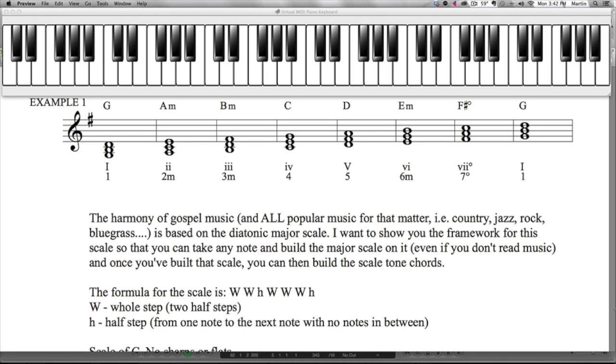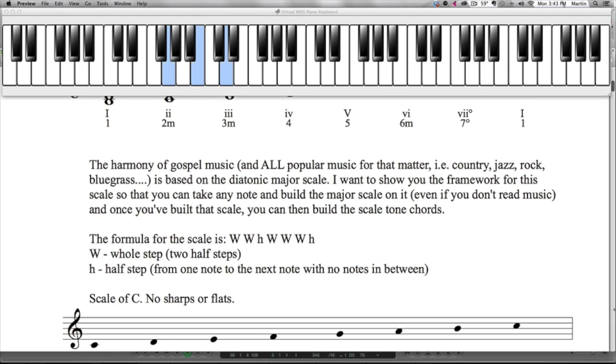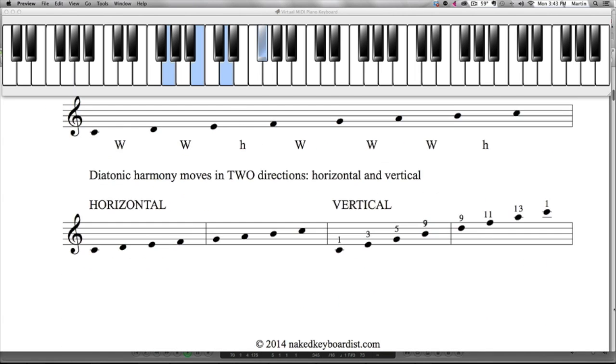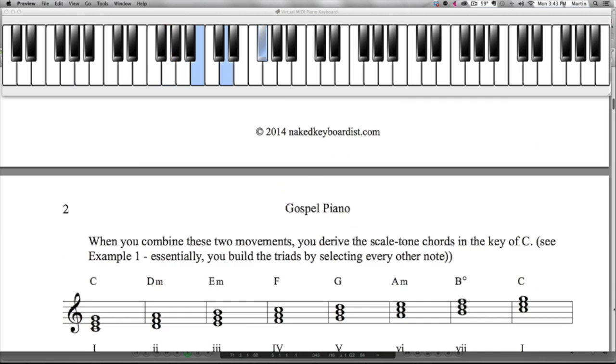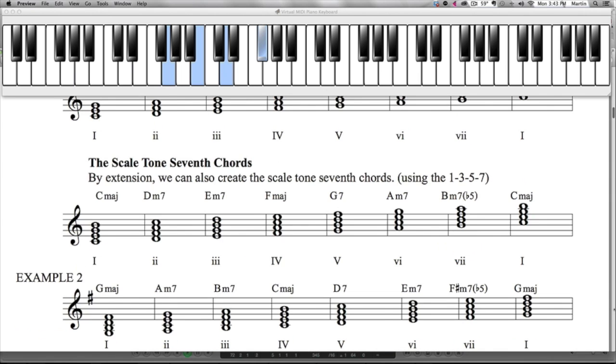It's important to be able to get these down in all 12 keys. I'm going to start again on the key of G, and the scale tone chords, the 7th chords, are built by adding the 7th degree above the bottom note. That's why it's called a 7th.